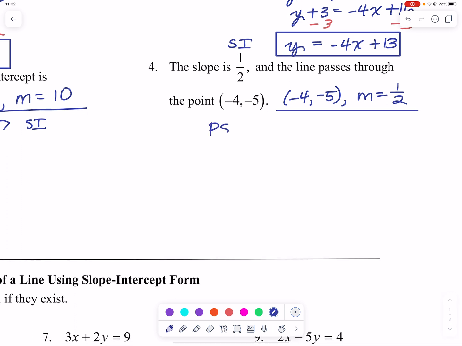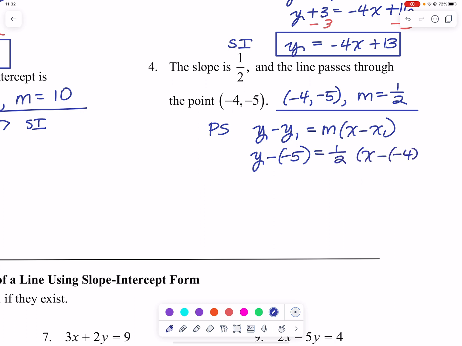So, for our point-slope form, we have y minus the y value equals the slope times x minus the x value. So we have y minus a negative 5 equals 1/2 x minus a negative 4.